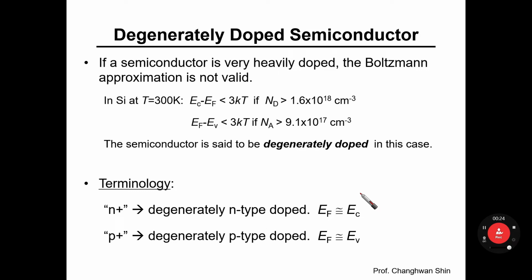The terminology N plus indicates a very heavily doped N-type silicon material in which its Fermi energy level is very close to the conduction band edge E sub C. Similarly, P plus indicates a very heavily doped P-type silicon material in which its Fermi energy level is placed very close to the valence band edge E sub V. As I told you, the doping concentration for N plus is 10 to the 18.